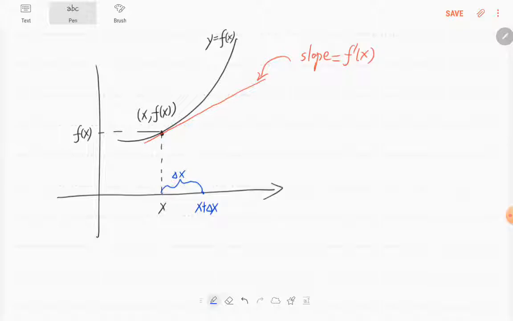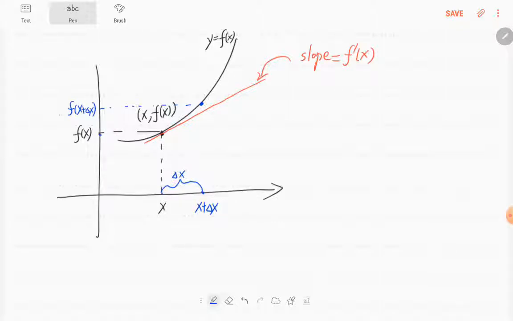The question is, what about the y values change from here to here? This is f of x plus delta x.